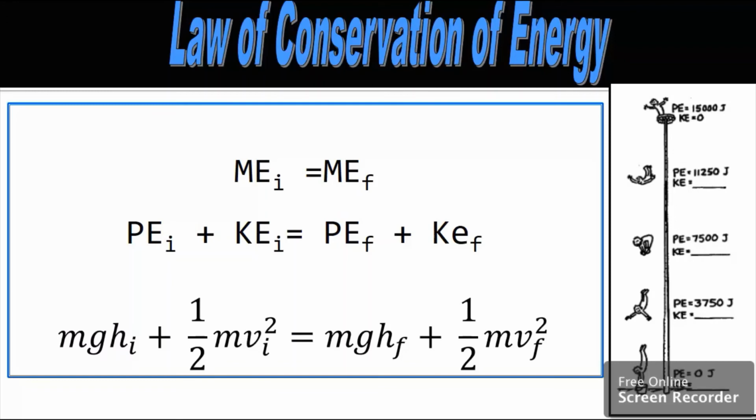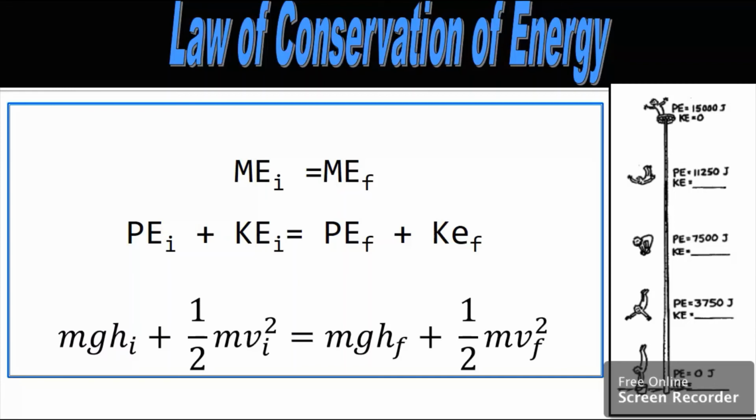So what's the potential energy at the initial condition? It's the full 15,000, and the kinetic energy is 0, equals the potential energy at the final, which is 0, plus the kinetic energy at the final, which is 15,000 joules. That should have been a capital E. Then I can also substitute one more step. We know that PE equals mgh. That's what we did 2 days ago.